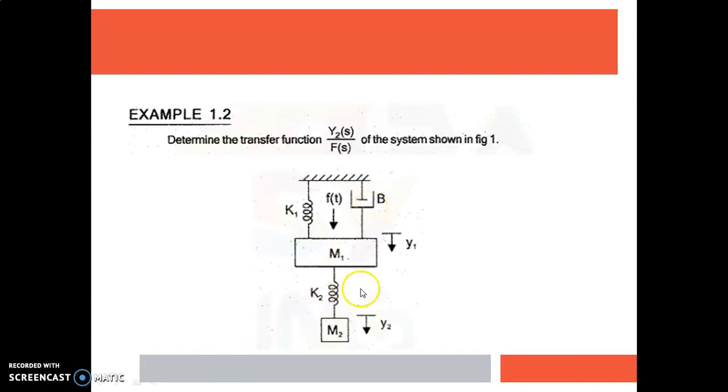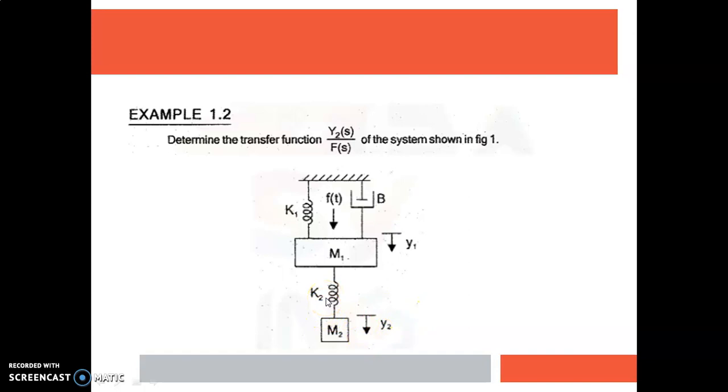And for Fk2, you have to check that there are displacements at both ends. At the end on this side there is a displacement y1, and at the end on this side there will be a displacement called y2.